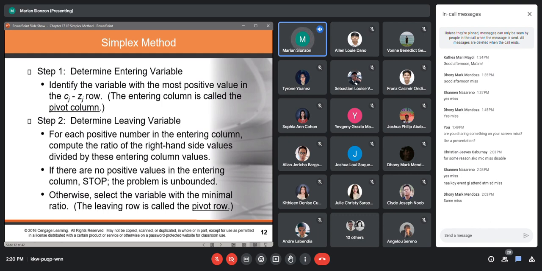Otherwise, select the variable with the minimal ratio. In other words, the right-hand side divided by the corresponding number in the pivot column, you are going to choose the smallest non-negative quotient. Minimal ratio. Ratio means quotient, isn't it?